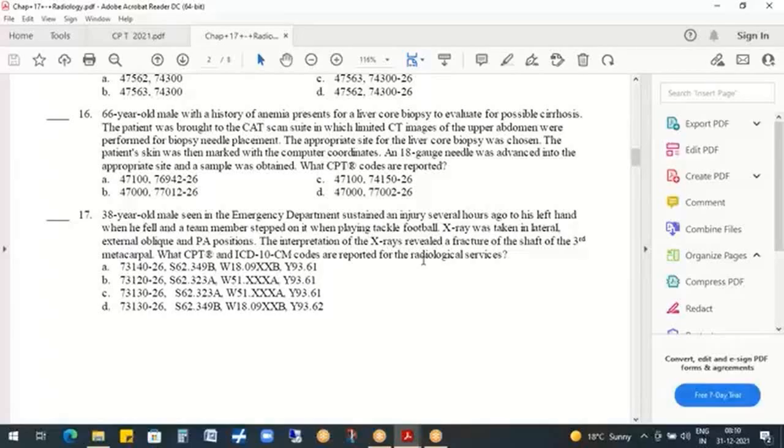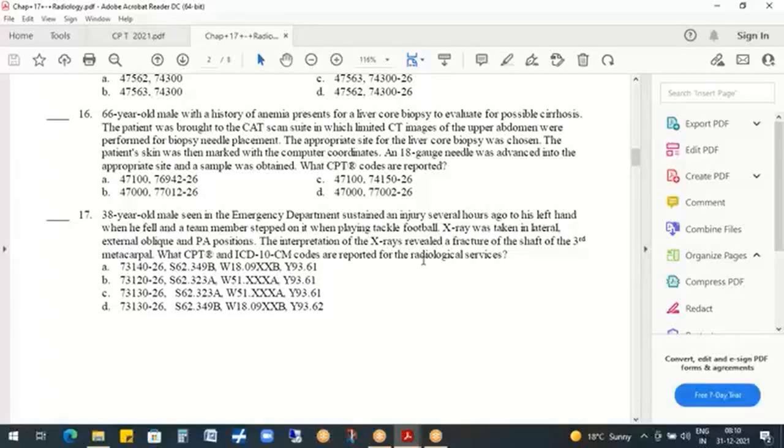B for Bombay, sir. What is the guidance used there? CT guidance, computed tomography. CT guidance is a part of which code description? Yes, sir, 77012.